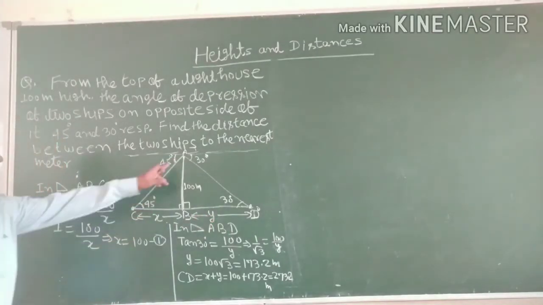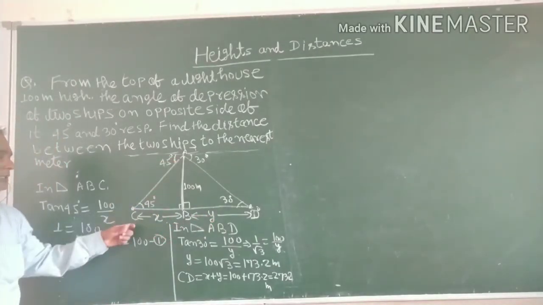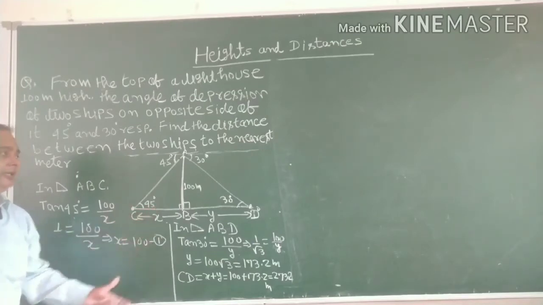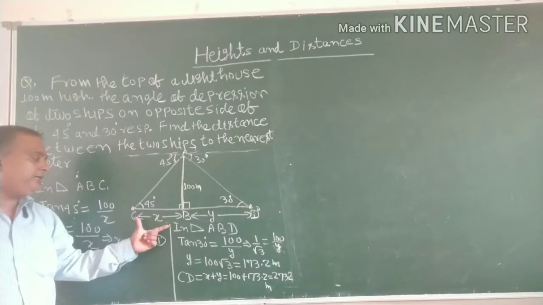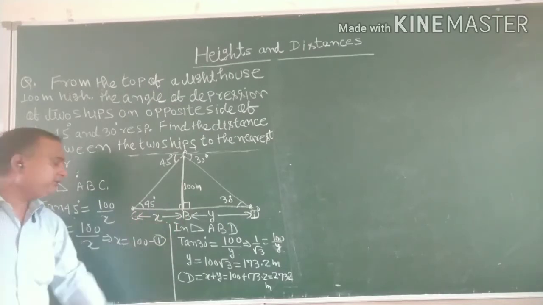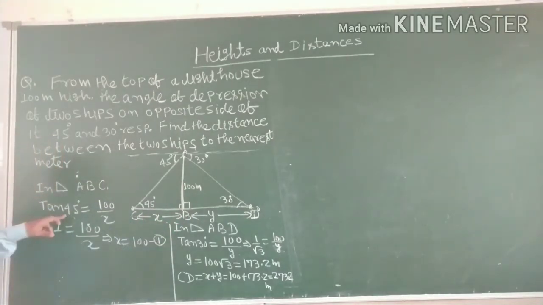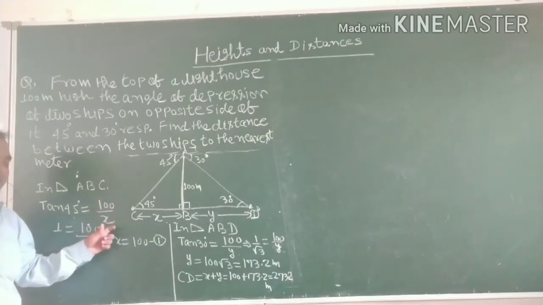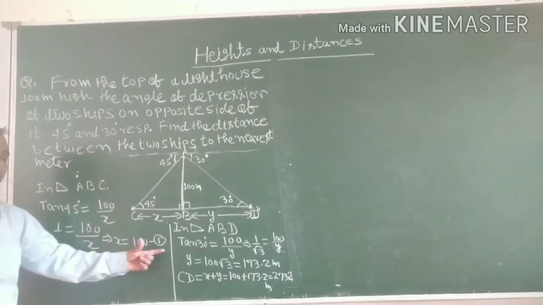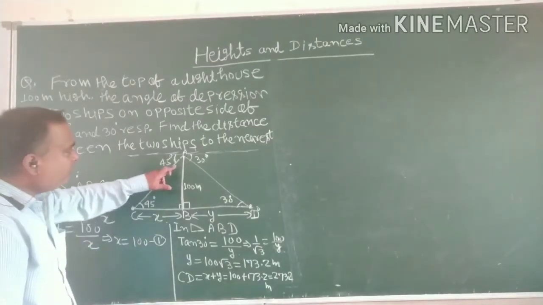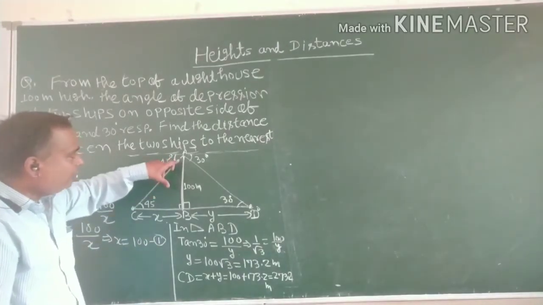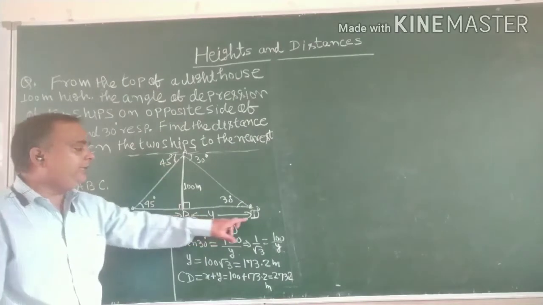First we take the right angle triangle ABC. Angle is 45 degree, perpendicular distance is 100 meter, and the base BC, let it be x. So we can write tan 45 equal to 100 upon x, or x equal to 100 meter. That is equation number 1. Now next we take the second right angle triangle, that is ABD.